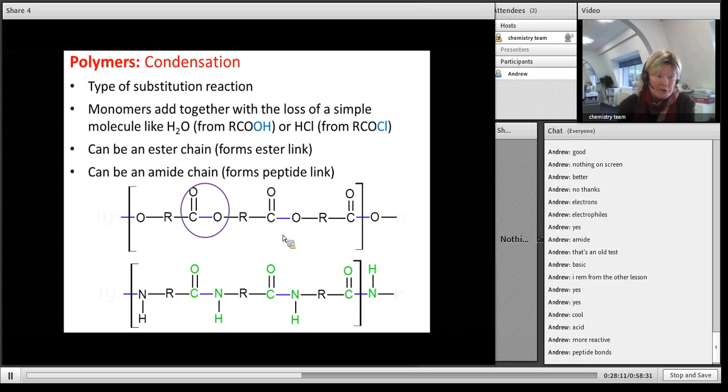And they refer to that as well in the exam. So I've highlighted them in green, but if you see a C double bond O N, C double bond O N, you've formed an amide chain, and you can see the repeating unit is R, C double bond O N, and so on. But the important thing here is want to look at the ester link or the peptide link, because that's, whenever you get a polymer, is what you look for straight away.